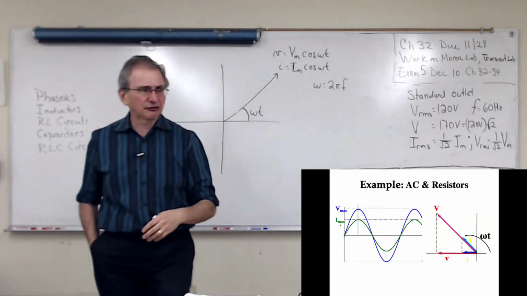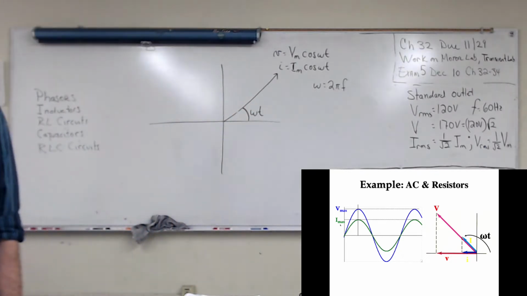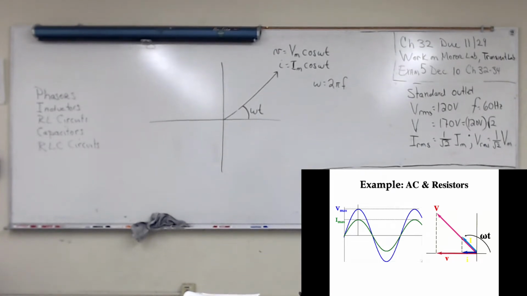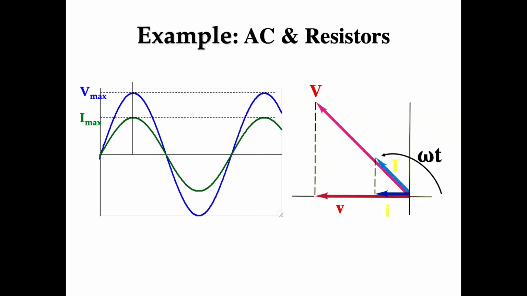So let me show you a figure of a phasor for the circuit we looked at the other day. It just had a resistor. This is a phasor diagram of a circuit that just had a resistor in it.